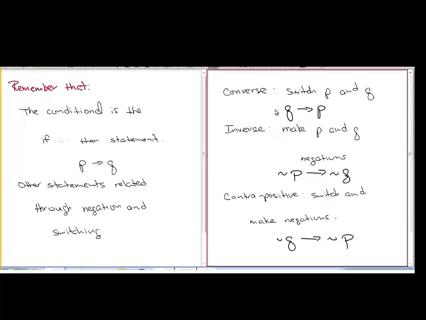Now some of these are equivalent to each other, so they work all the time. Some of them work some of the time, but not all of the time. If you make up a truth table and they get the same final results, then they are equivalent and therefore the same all the time.